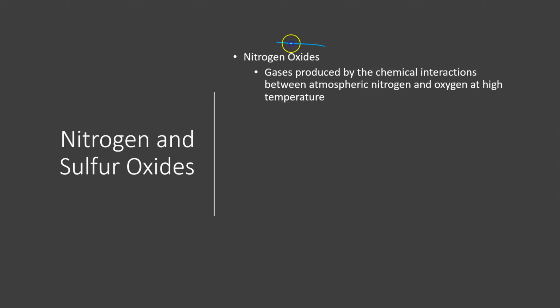So this is referring to a class of chemicals often written as NOx, right? Meaning we might have various combinations of a certain number of nitrogens to a certain number of oxygens, right? So NOx, when you see that, just referring to nitrogen oxides in general, might be NO or NO2, et cetera, et cetera. Those are all nitrogen oxides.